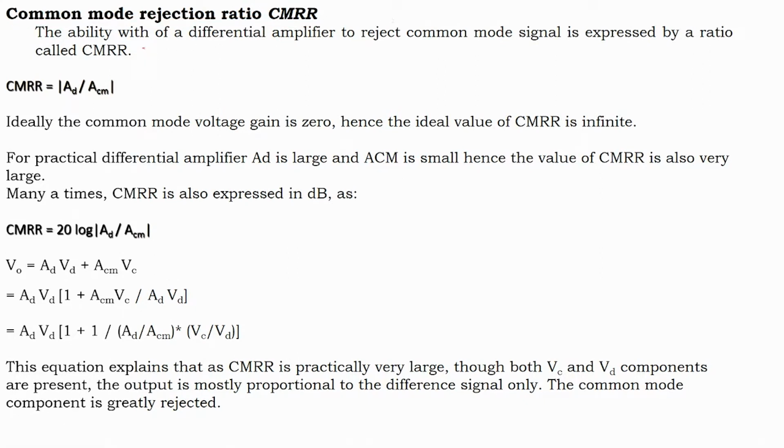The ability of a differential amplifier to reject common mode signal is expressed by a ratio called common mode rejection ratio, right, because we do not require common mode signal, we only require the differential signals AdVd, this is what we require.